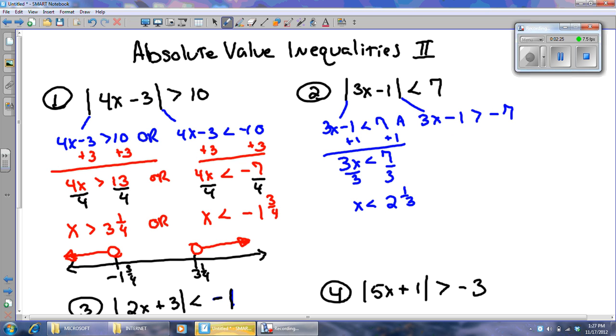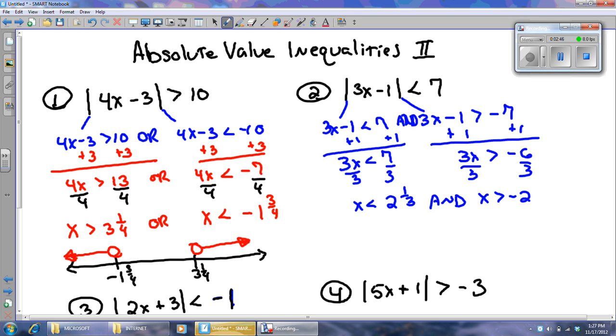Okay, this is an and problem, yes. Confused myself. Need to add 1, and I'm going to get 3x greater than negative 6. Dividing by 3 on both sides gives me the solution that x is greater than negative 2.